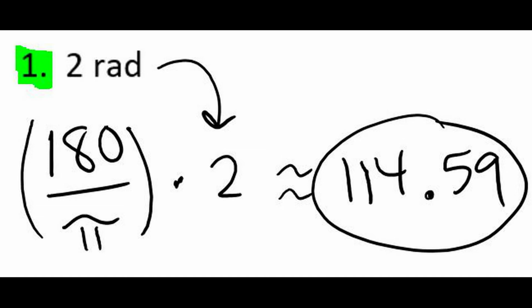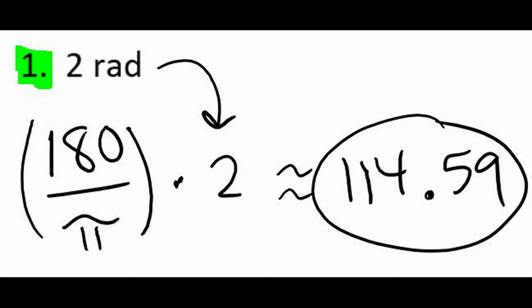So for number 1, we have 180 divided by pi times 2, because we have 2 radians. The exact form of this, which I don't have written here, is 360 divided by pi. That's what they mean by exact form, because there's no rounding involved.